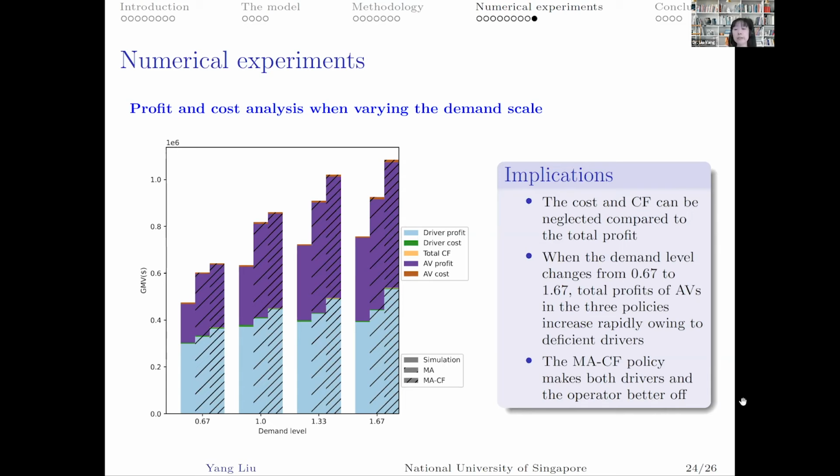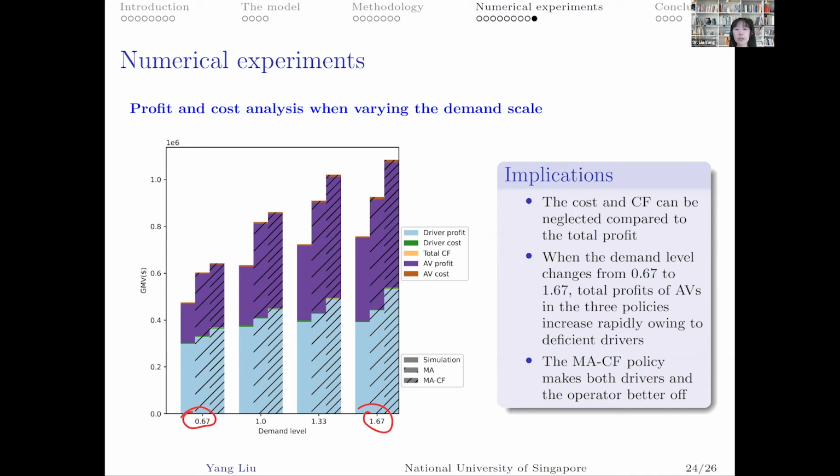And when we change the demand level from 0.67 to 1.67, the total profit of the AVs in the three policies will increase rapidly because of the gap between the number of drivers and the number of requests. And our policy can still make both drivers and the operator better off.